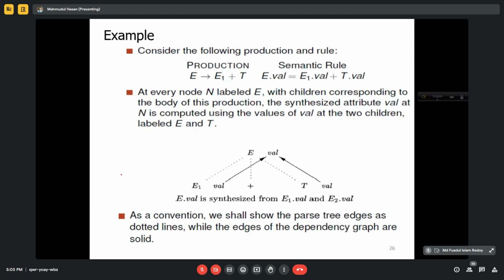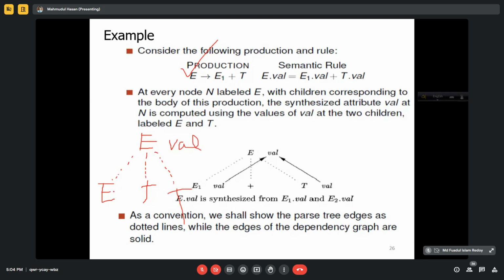So this is the production rule. For E, you need to draw the parse tree using a dotted line.